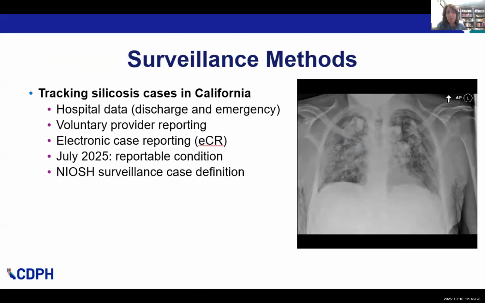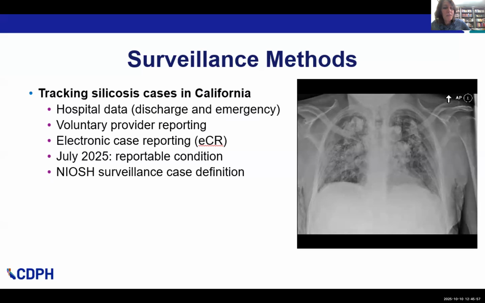Healthcare providers have started to report to us. We have really piloted a new electronic case reporting system that we refer to as ECR. That allows hospitals' electronic medical records to automatically report a case to public health if certain triggers are met. And we found quite a few cases that way.